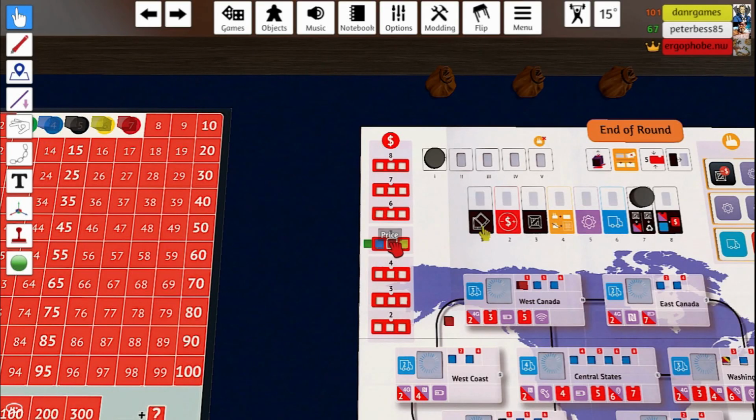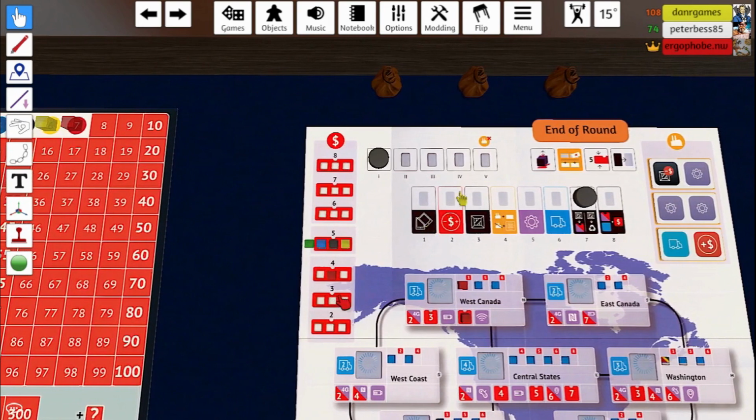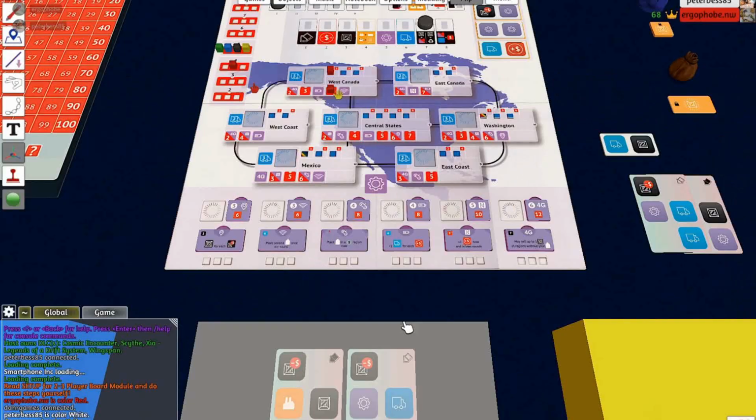So if my price was currently 4, I couldn't sell here or here. If I don't have this technology, I couldn't sell there. But places will always buy phones for lower than what they're willing to pay. So this place is willing to pay 5, but if your price is currently 4, they will buy it.